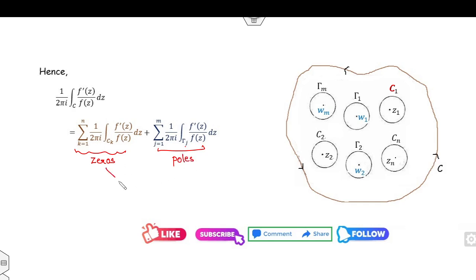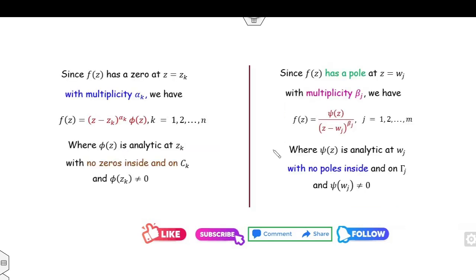So our target is to evaluate these two components. Now remember again, you need to recall the definition of zeros and poles. f of z has a zero at the point zk with multiplicity alpha k, and f of z has a pole at wj with multiplicity beta j. We can define them with power beta j and power alpha k.